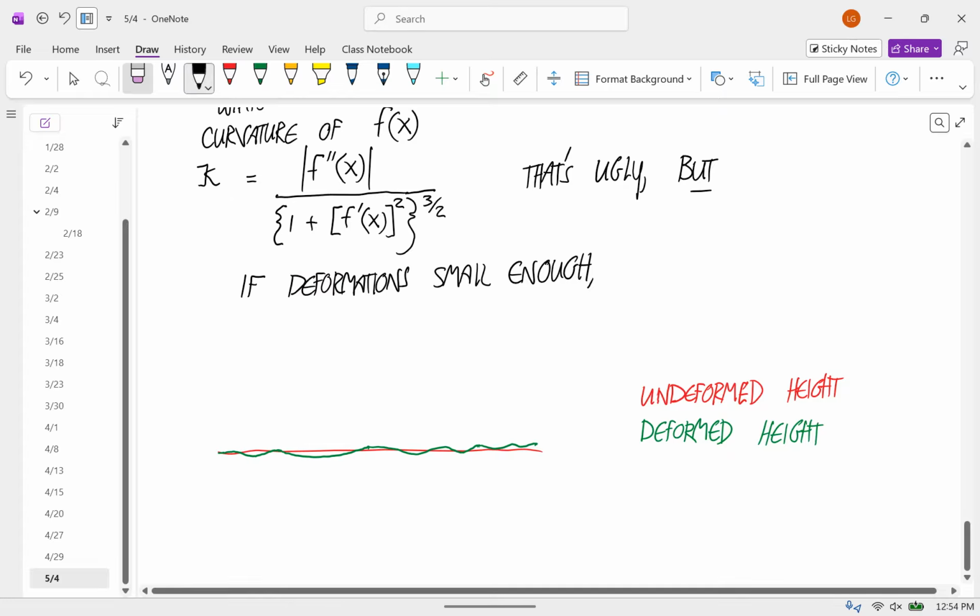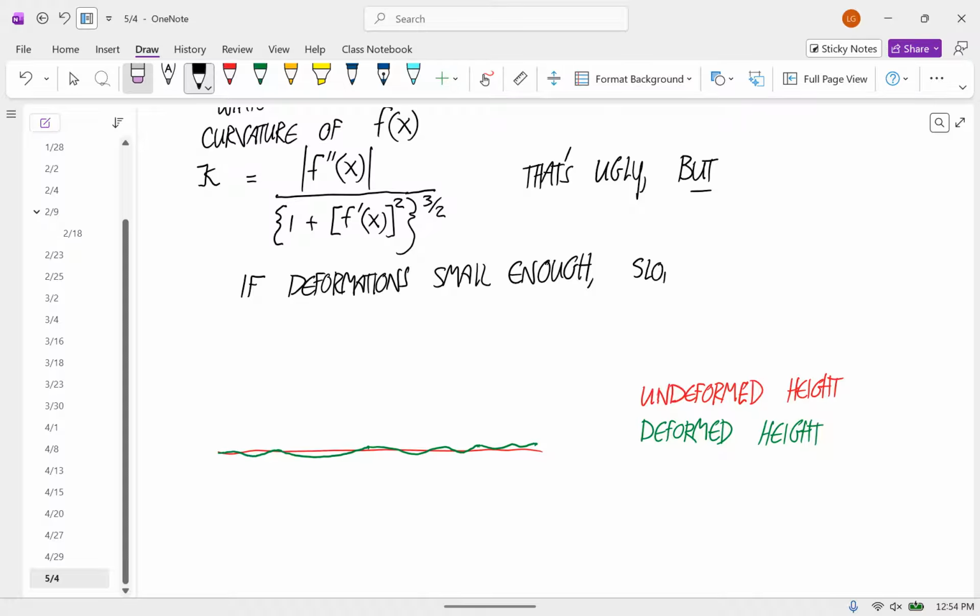If the deformations are small enough, the slopes of points stay close to zero. Okay, so that's going to be the key thing. We're going to assume that the slope of our beam never deviates much from zero.